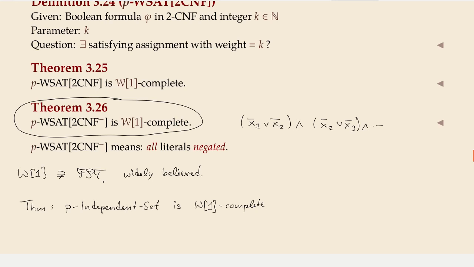But it would mean that the exponential time hypothesis is false. And the exponential time hypothesis says for the 3-SAT problem, there's no algorithm with less than a constant to the n solution. So there's no 2 to the small o of k algorithm for 3-SAT.